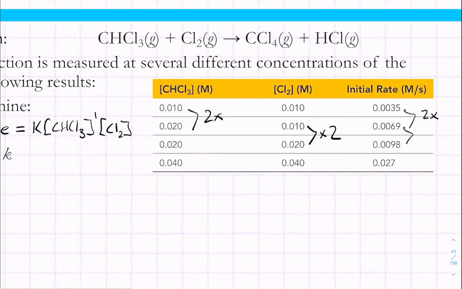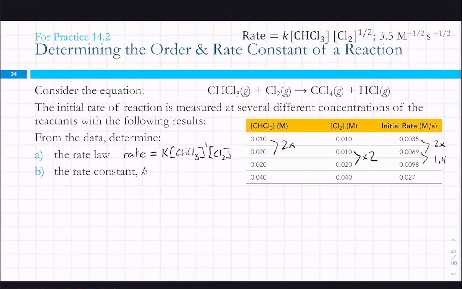So you take the 0.0098 divided by 0.0069. It gives us 1.4. Yeah, it's increasing by roughly 50%.